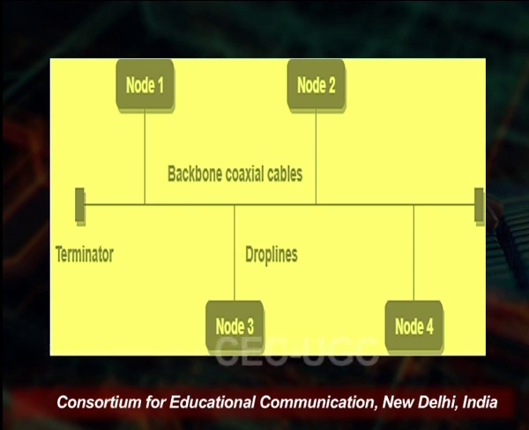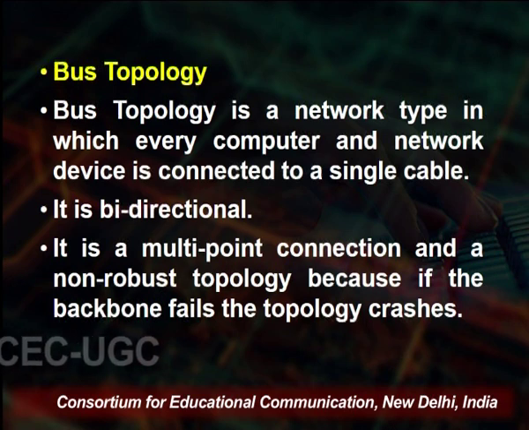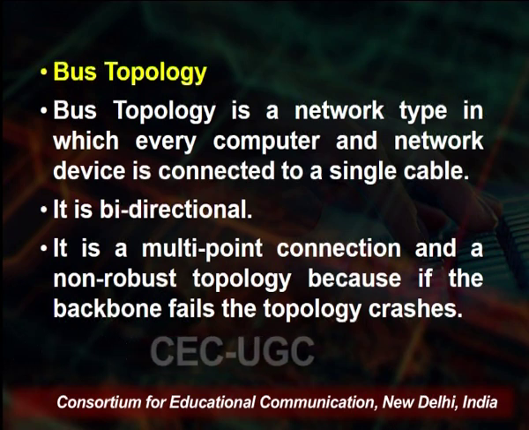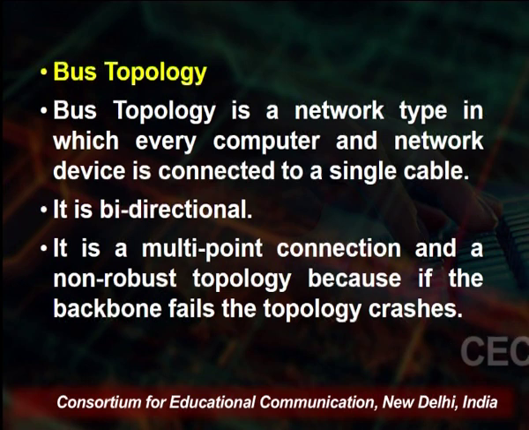On the two ends of the backbone, we also have two terminators in order to prevent the signal loss. So this bus topology, as we have seen, is something in which every node or network device is connected to a single cable, and the communication is bidirectional.